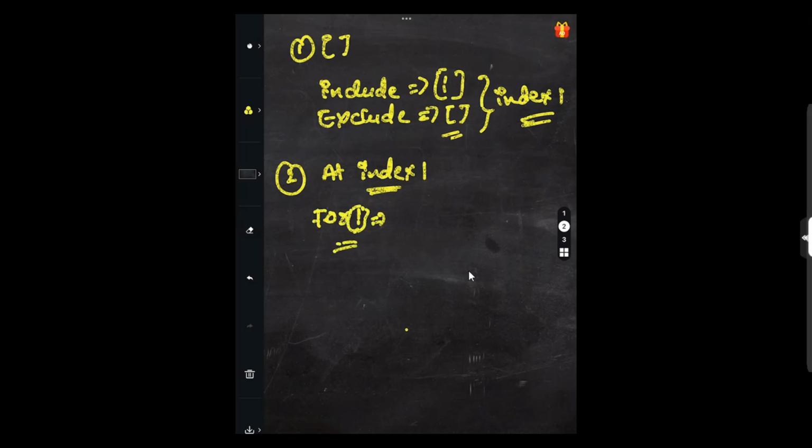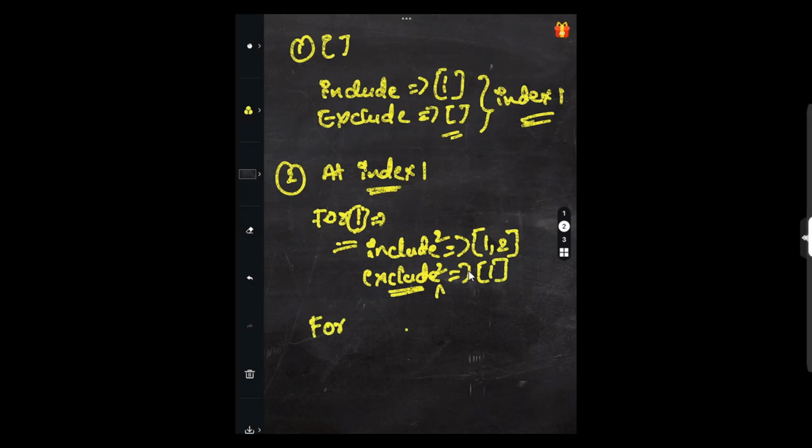Same steps, include and exclude. At index 1 we have 2. For 1, it will be 1, 2 when we include 2, and when we exclude 2, it will be only 1. So for 1, we considered.